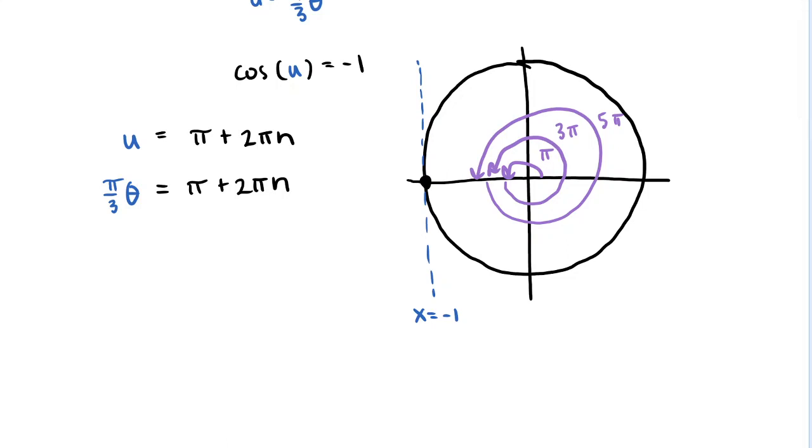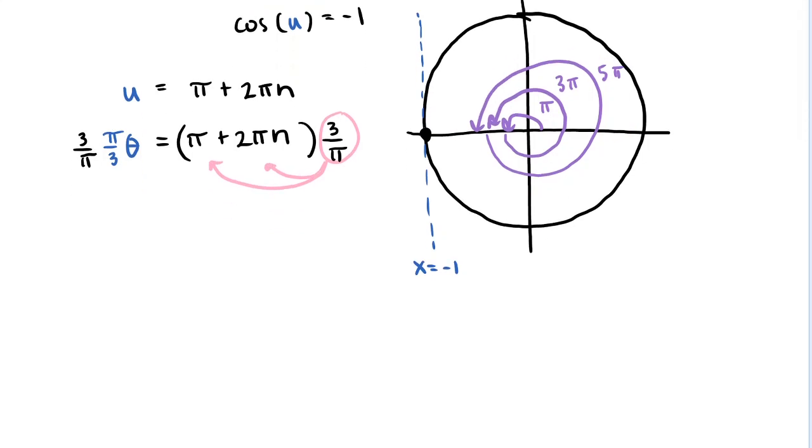And so let's do that. Let's multiply by 3 over pi to both sides of the equation. And so this would require distributing 3 over pi to both terms on the right-hand side.